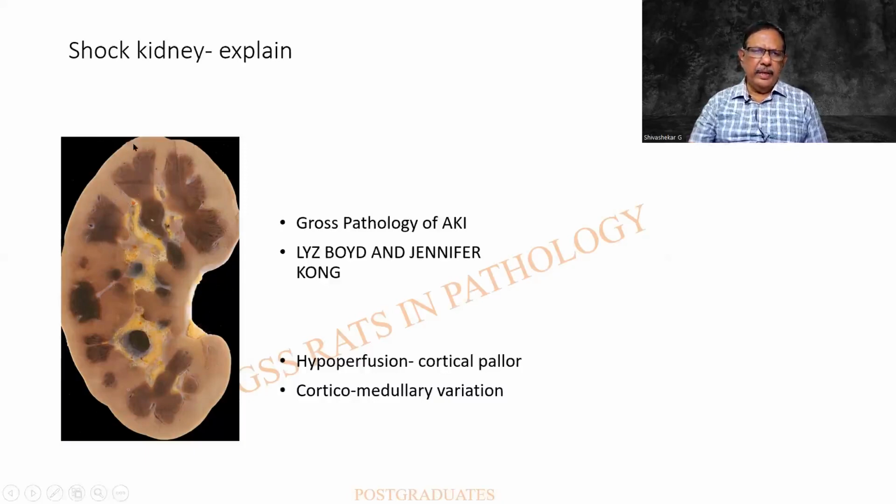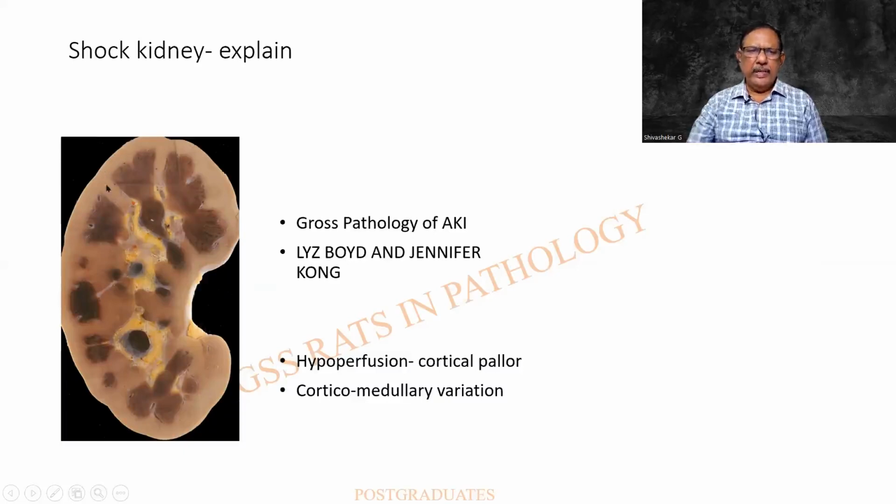Here I find that in the cortex, there is a definite pallor. Shock, all of us know there is going to be a diminished perfusion of blood, hypoperfusion, as a result of which obviously it becomes anemic and hence the pallor.